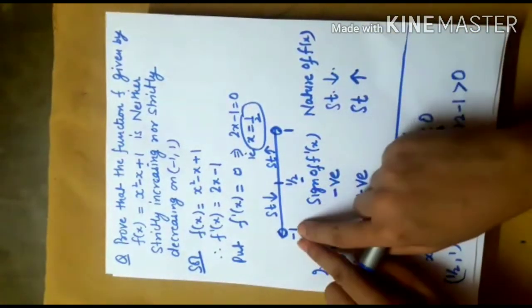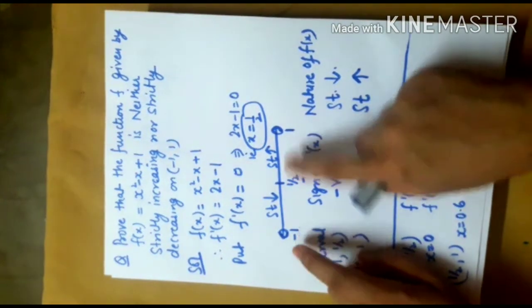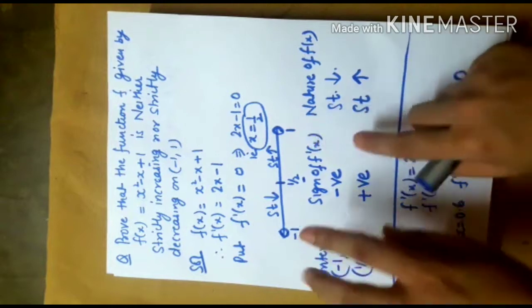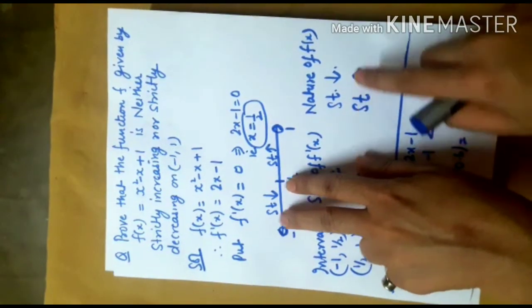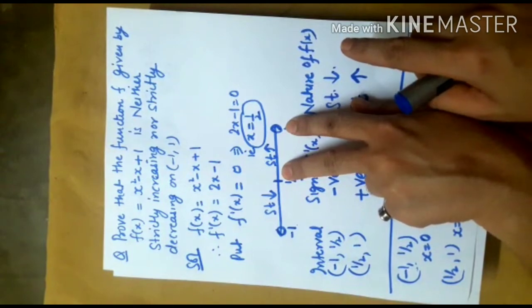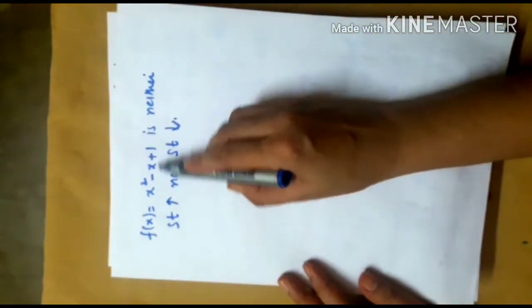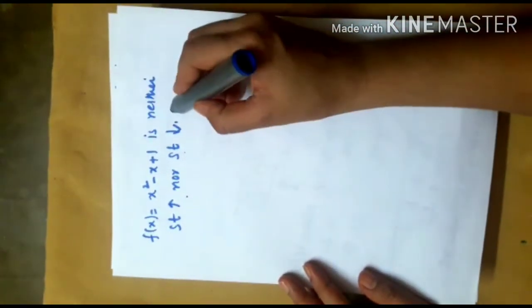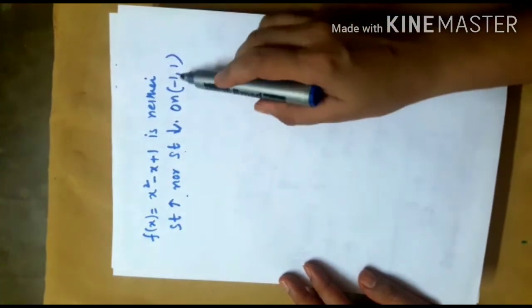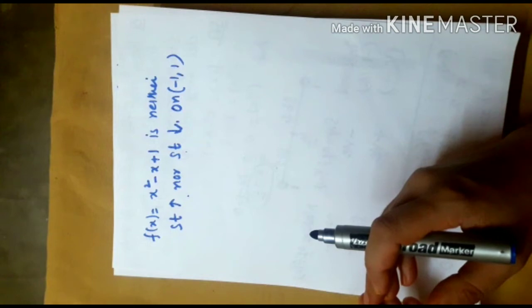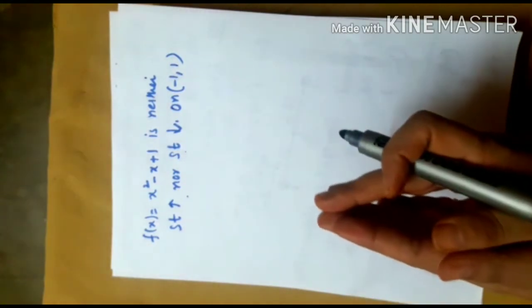But if I take the entire interval, that is from minus 1 to 1, in this part the function is strictly decreasing, and in this part the function is strictly increasing. So I'll say that this function f(x) is neither strictly increasing nor strictly decreasing on minus 1 to 1, because we say that a function is strictly increasing on an interval if it is strictly increasing on the entire domain.